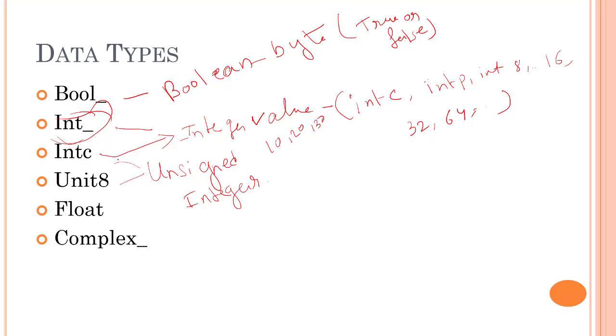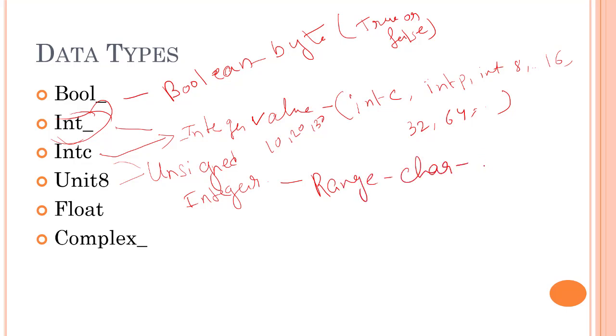Now coming to intc, it will store normally in 32 or 64. For 8 bits, the range is minus 128 to 127, and it continues. In the same way for unsigned integer, it stores a value from 0 to 255. If you remember, that range is the same as the character range.